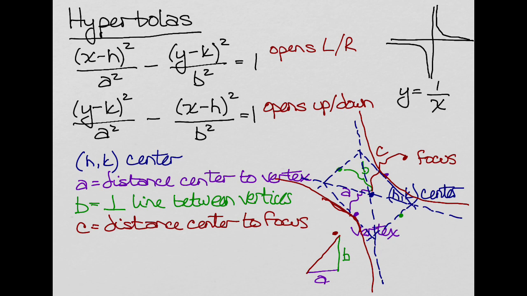That's a distance of b away from the center. So a and b form the legs of our right triangle. c is its hypotenuse. Our Pythagorean relationship for a hyperbola is c squared equals a squared plus b squared. So if you have the equation and you know a and b, you can find c and find the foci.